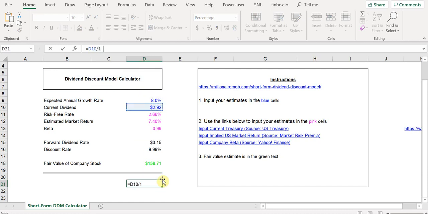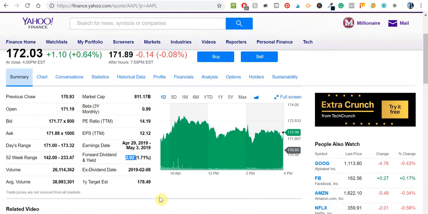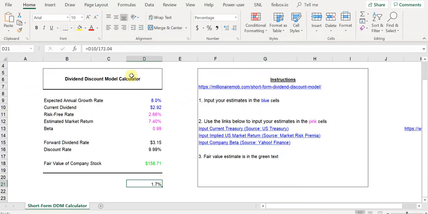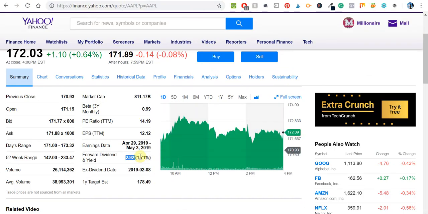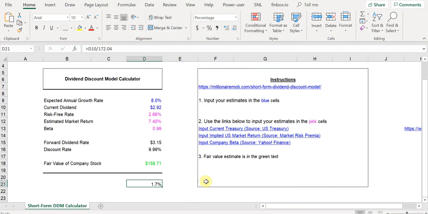I think the Apple stock is at 172.03. Yep, 172.03. That represents 1.7%. Okay, perfect. We're at 1.7%. So right now at an 8.8% expected annual growth rate, that implies the stock is at 158.71.